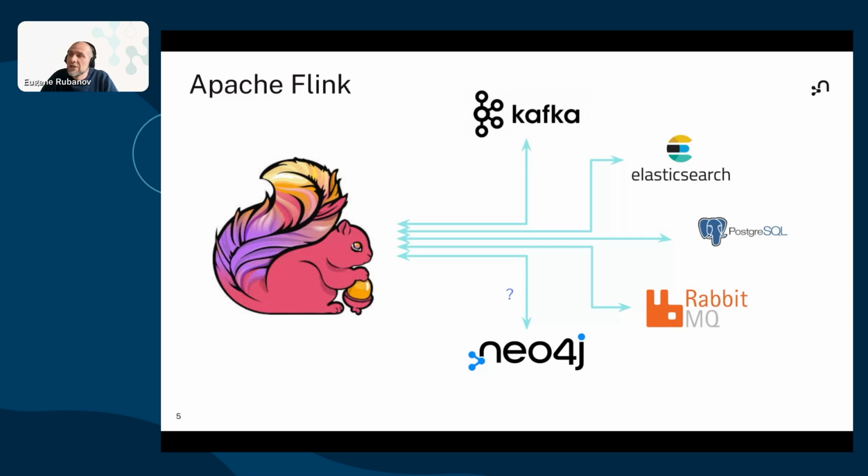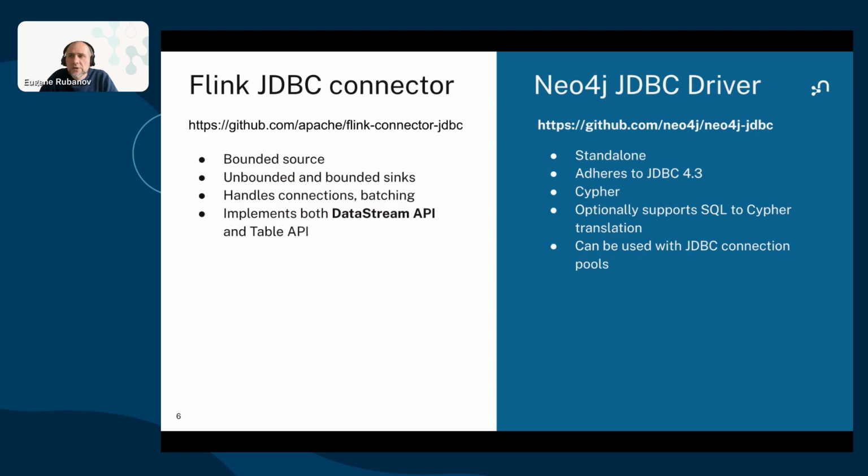I'll focus on implementing import for bounded streams, but the same approach can theoretically be adopted to export data from Neo4j or import data from infinite streams as well. The key ingredients would be the Flink JDBC connector and the Neo4j JDBC driver.